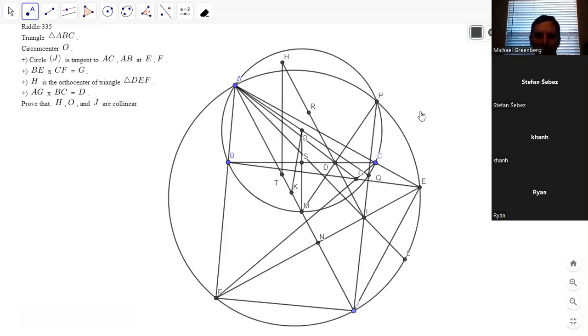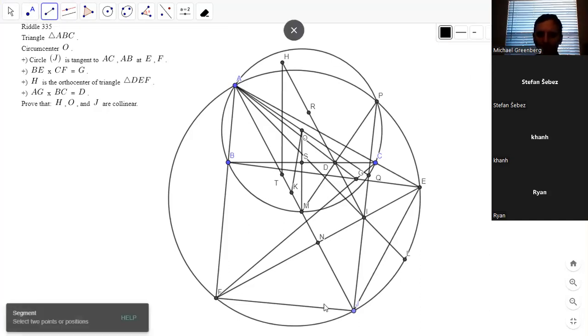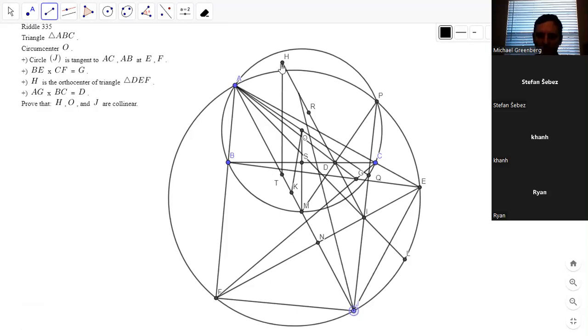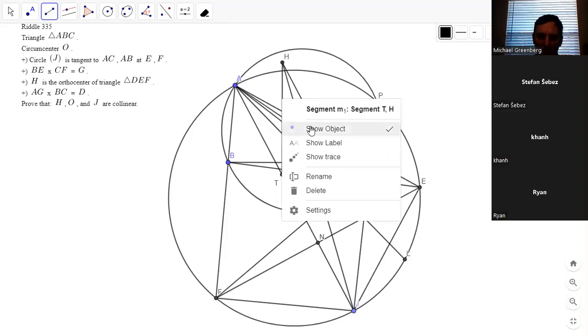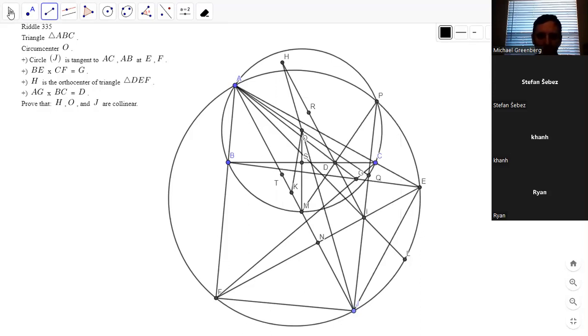Yeah, but if we define H as intersection of OJ and DI. OJ. Oh, so proving it like that. Okay. So we could call that H prime.